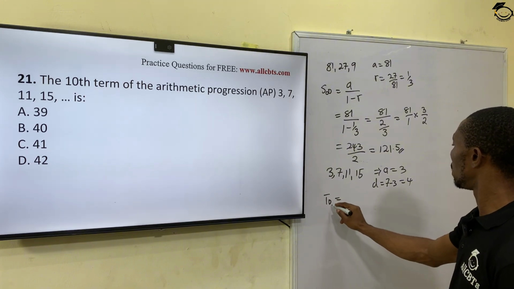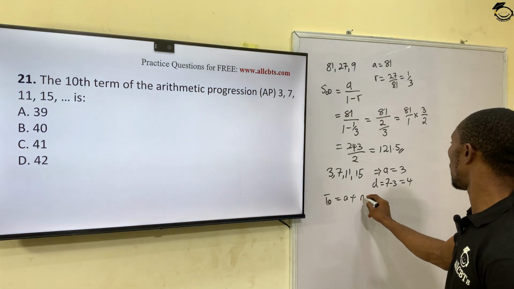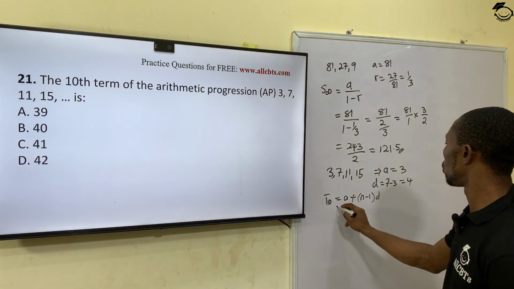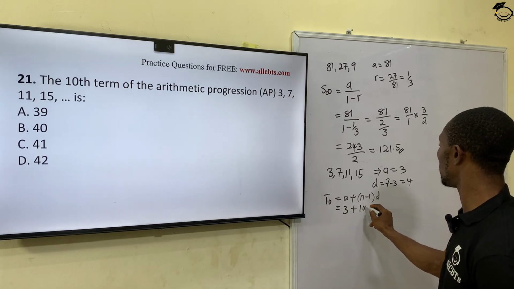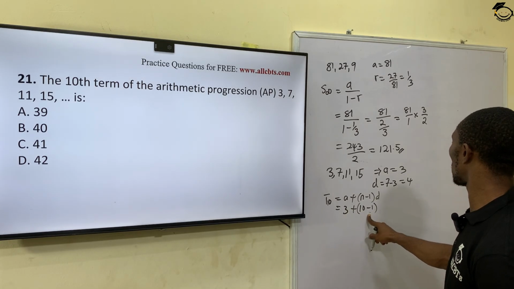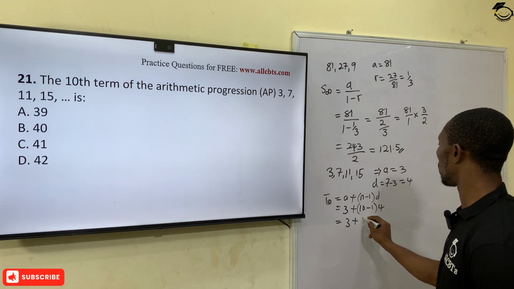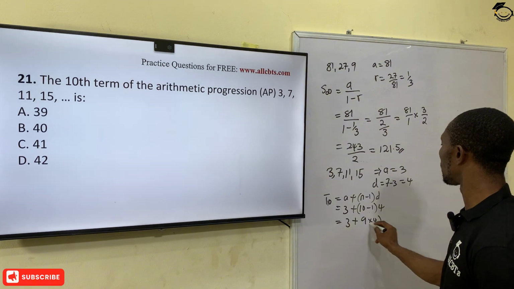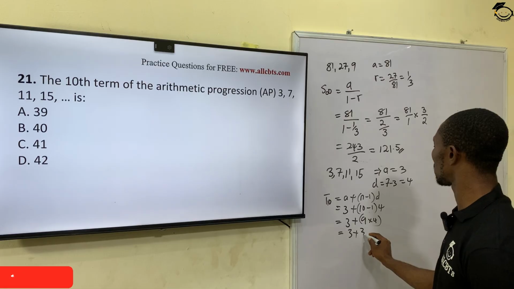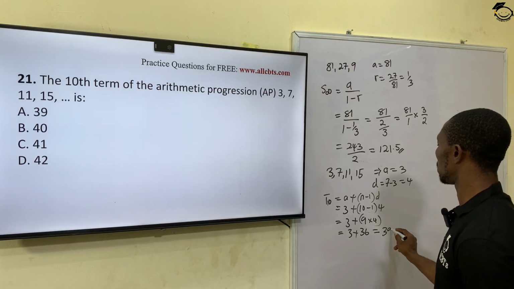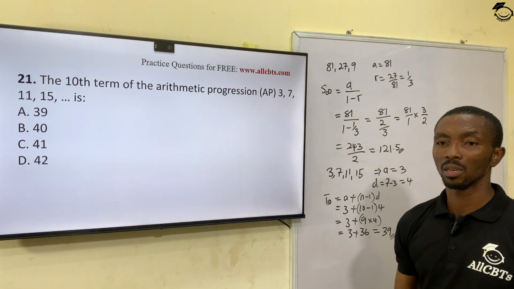T10 equals A plus n minus 1 D, which will be 3 plus 10 minus 1 times our common difference, which is 4. So this gives us 3 plus 9 times 4. 9 times 4 is 36, so this will give us 39. Our 10th term would be 39.